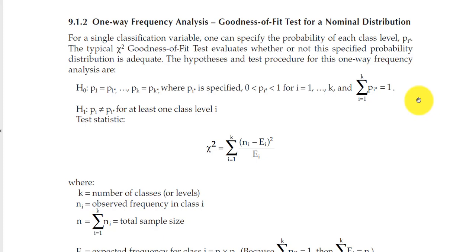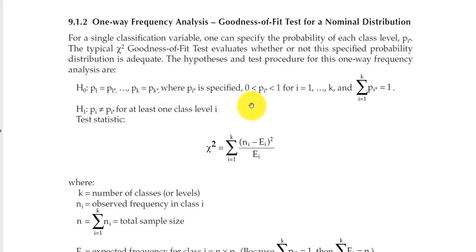Likewise, we can look at a goodness of fit test for a nominal distribution. Typically, when we say goodness of fit test, this is what people are thinking about: they have those K different classes and they look at the hypothesized values. So here P1 equals P1 star, where P1 star is a value between 0 and 1, a proportion, and PK star is some value between 0 and 1.